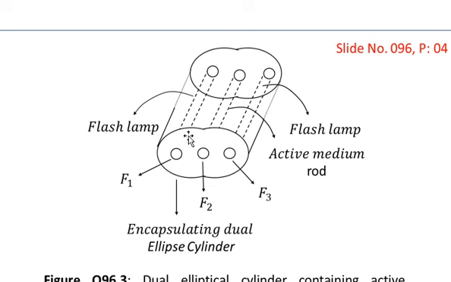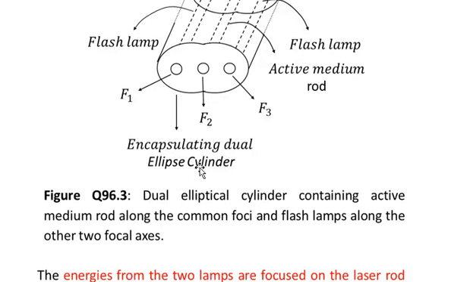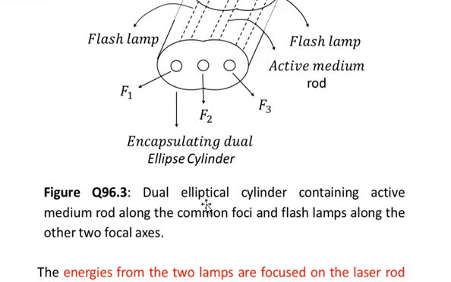And you see that the flash lamps, which are now located at focus points F1 and F3, will be focusing the light enormously at the active medium rod located at focus number 2, parallel to the flash lamps. And the caption of the figure is: dual elliptical cylinder containing active medium rod along the common focal axis and the flash lamps along the other two focal axes.